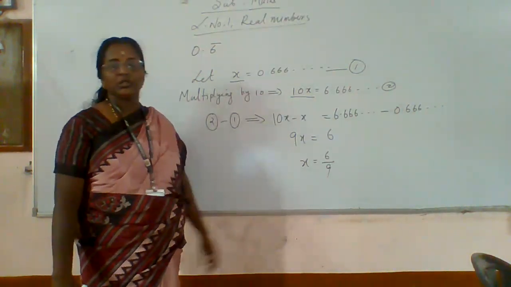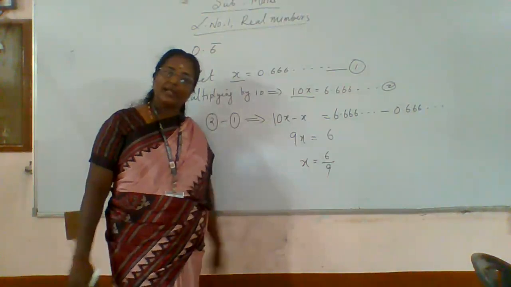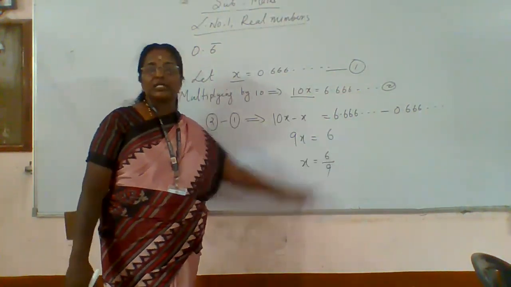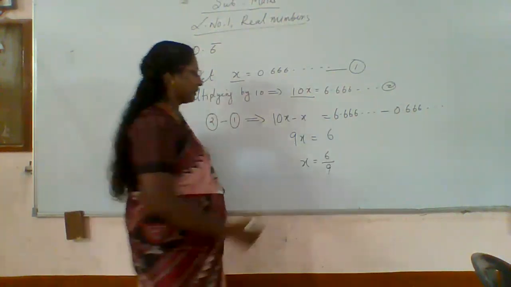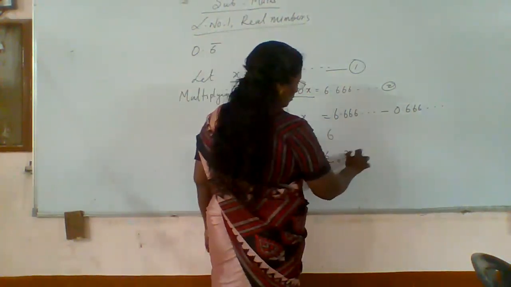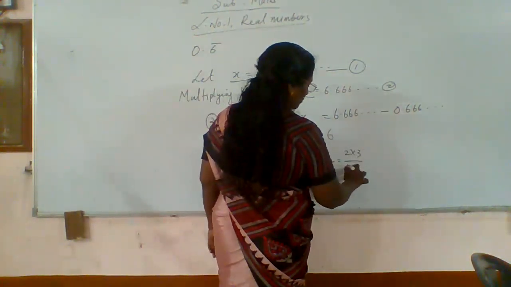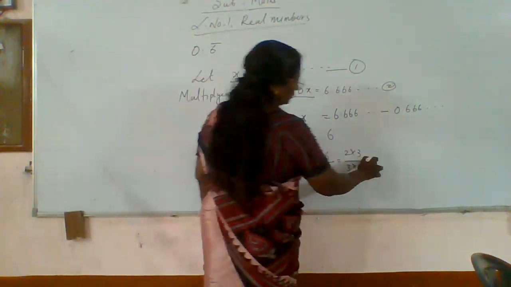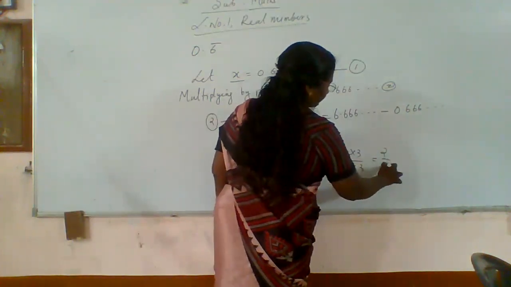If you want to reduce, there is a common term, so you can cancel. 2 into 3 divided by 3 into 3. The common 3 cancels, so you will get 2 by 3.